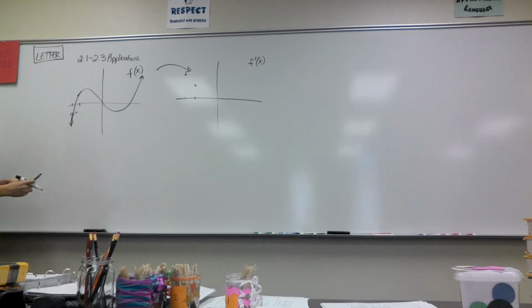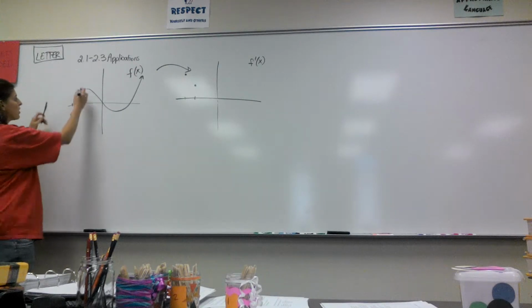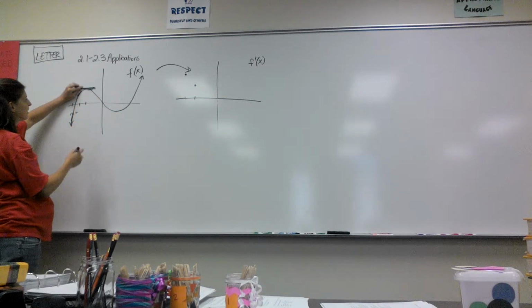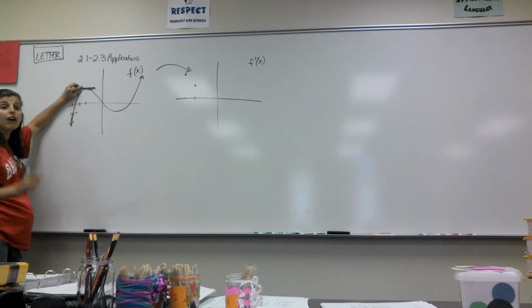So now when it starts going down, is the graph going to go up? Maybe. It kind of depends on where in your graph it starts going down. Let's talk about right here for a second. Constant. Slope is what? 0. My graph is constant, my slope is 0. So this slope right here is 0.